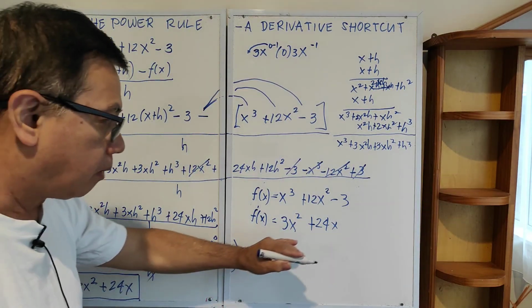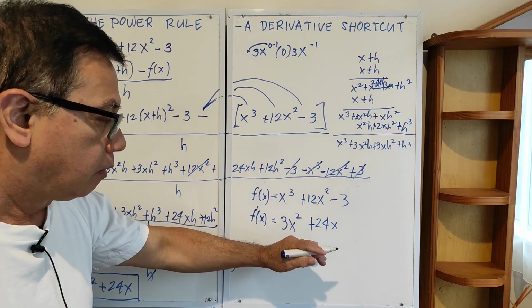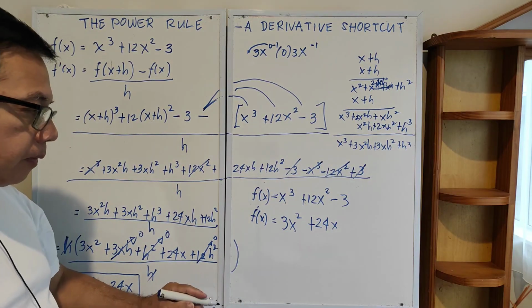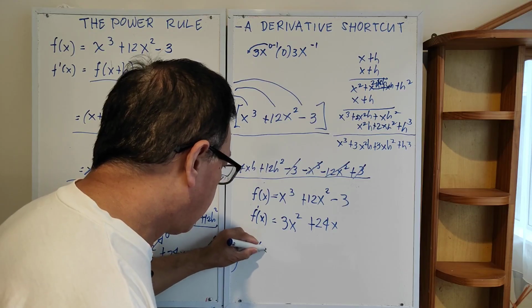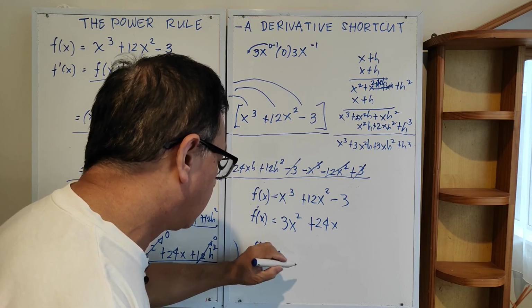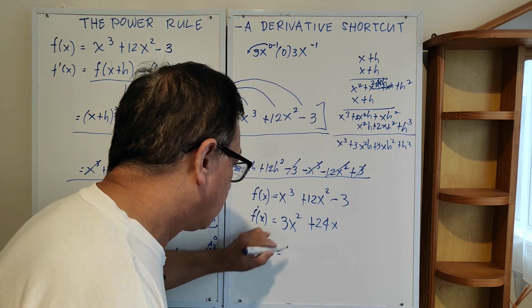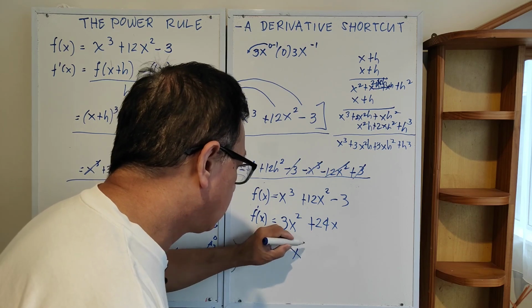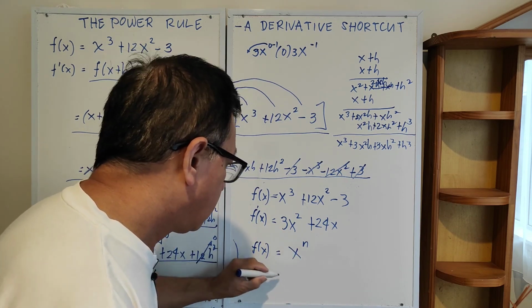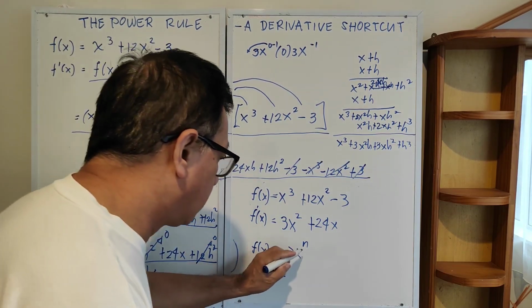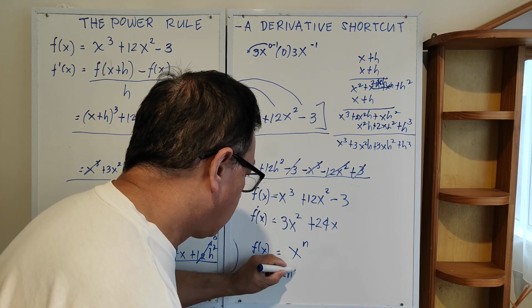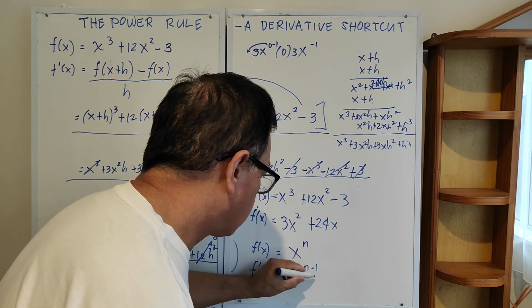Now we have a formula or shortcut. If you have f of x equal to x to the n, the derivative becomes n times x to the n minus 1.